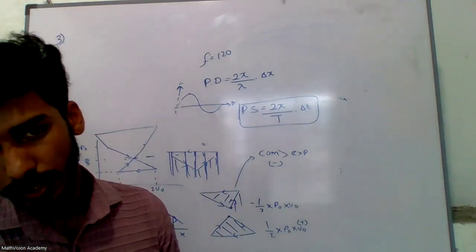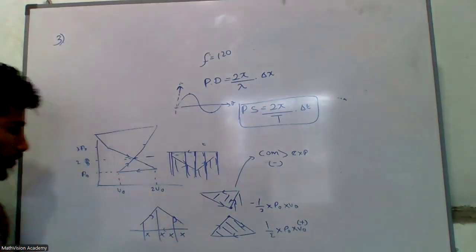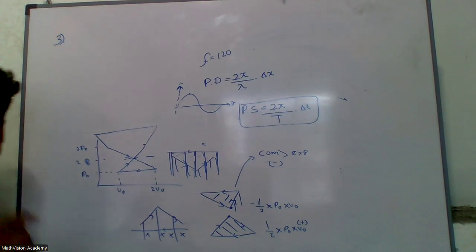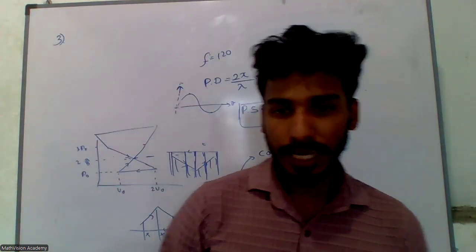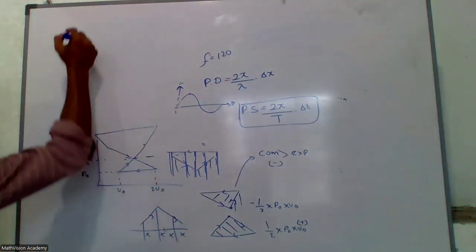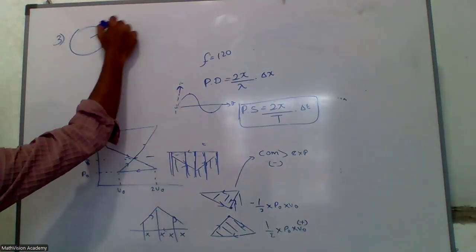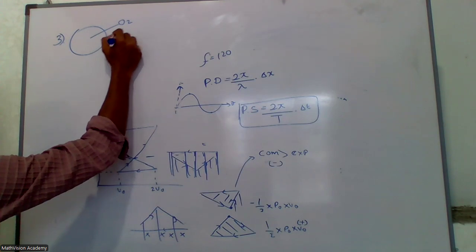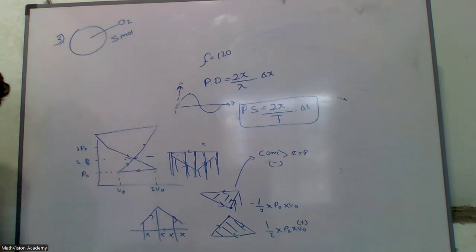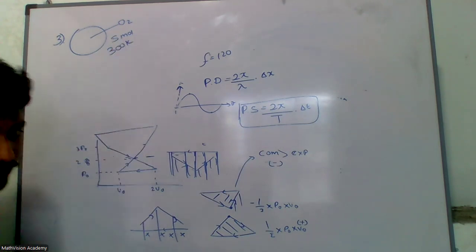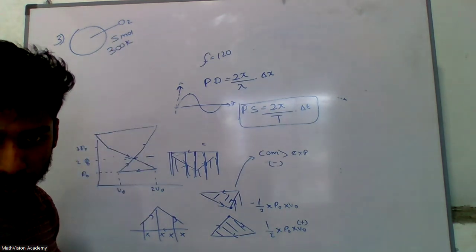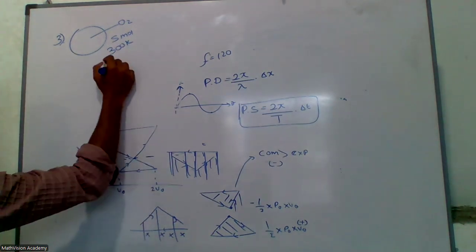So let's move with question number 3 then. 5 moles of O2 were present in a closed container at 300 Kelvin. There is an oxygen tank, 5 moles, temperature is 300, pressure is 5 into 10 to the power 4.